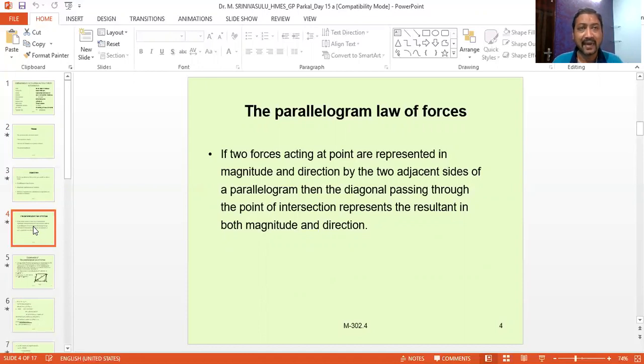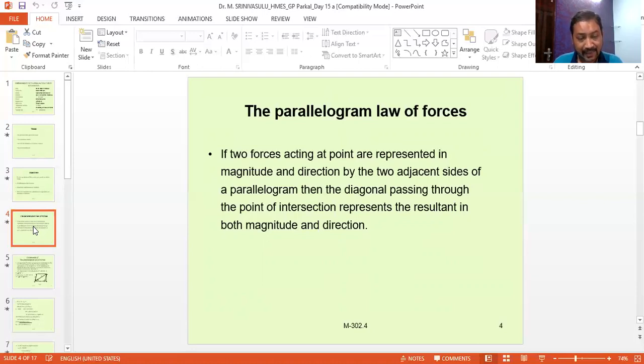We know what concurrent forces are: when two forces are acting at a point, or they are meeting at a point, they are called concurrent forces. Here also it is the same. We are going to find the resultant of two coplanar concurrent forces.